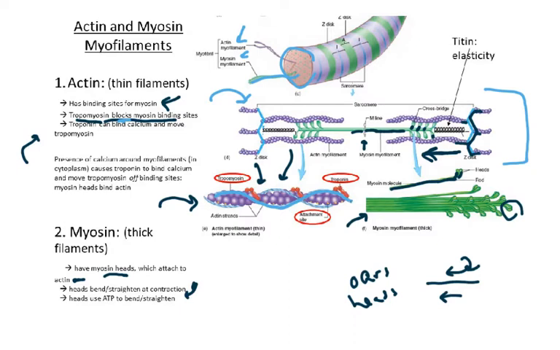So this word tropomyosin, in my mind, I like to say it trips up myosin, because that's what it does. The tropomyosin trips up myosin, or makes it so that the myosin cannot attach. Okay, now the tropomyosin is going to interact with this other molecule called troponin. And so troponin is indicated here as these little red blobs that are also attached to actin.